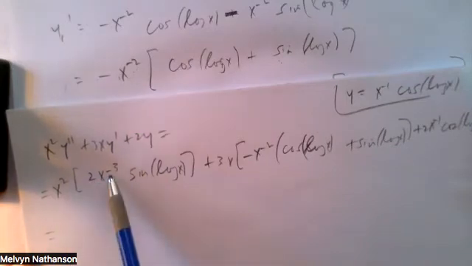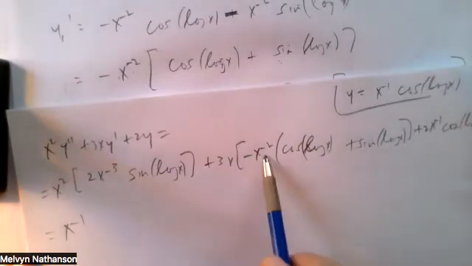So what do we get? First of all, we have x squared times x to the minus 3, that's x to the minus 1. X times x to the minus 2 is x to the minus 1, and x to the minus 1. So I can factor x to the minus 1 out of all of these terms.